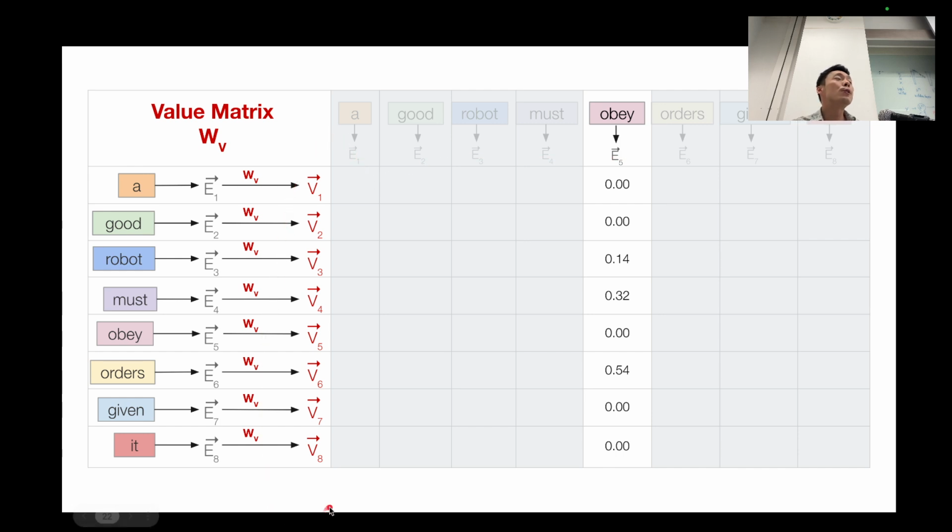To construct a new embedding for obey, you need value vectors for each word, and we weight each value vector by the attention, like so. Once you weight each value vector by the attention, you can sum them up.